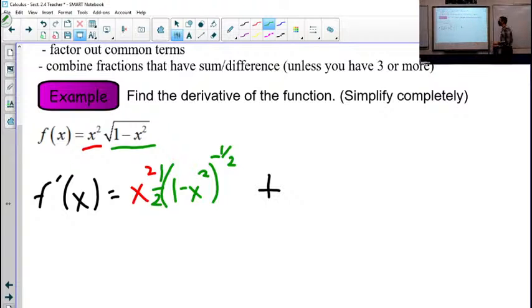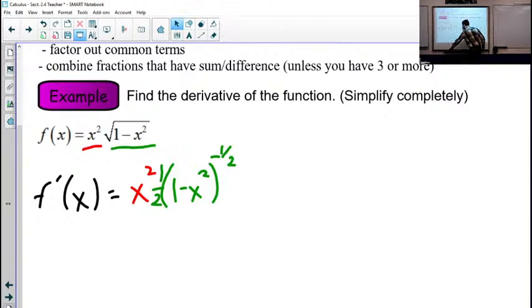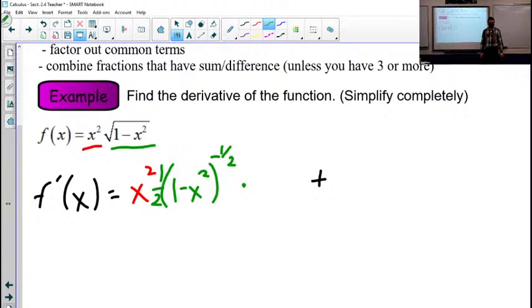And then don't forget that after you've done the derivative of that square root, you also need to multiply by the derivative of the inside part. That's the important piece of the chain rule that's easy to miss. Derivative of 1 minus x squared, derivative of 1 is 0, minus derivative of x squared is 2x. That's our first times derivative of the second.